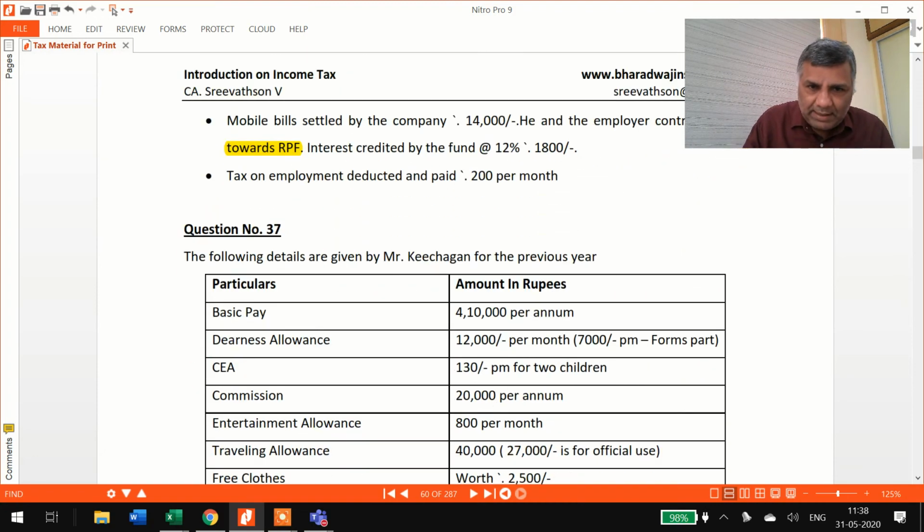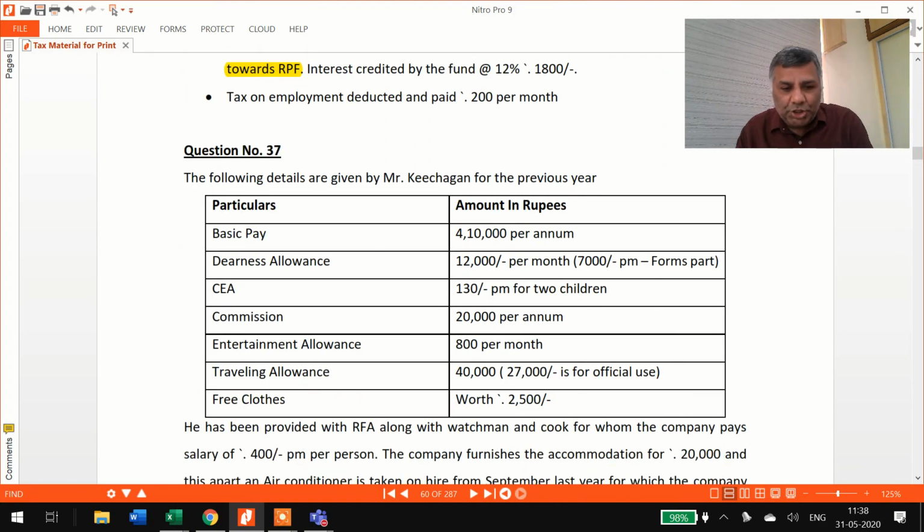Friends, I am reading. Sir, can you show the lower part of the answer?